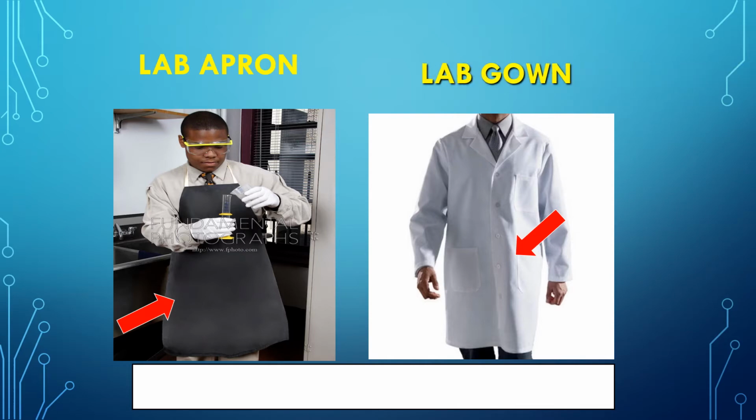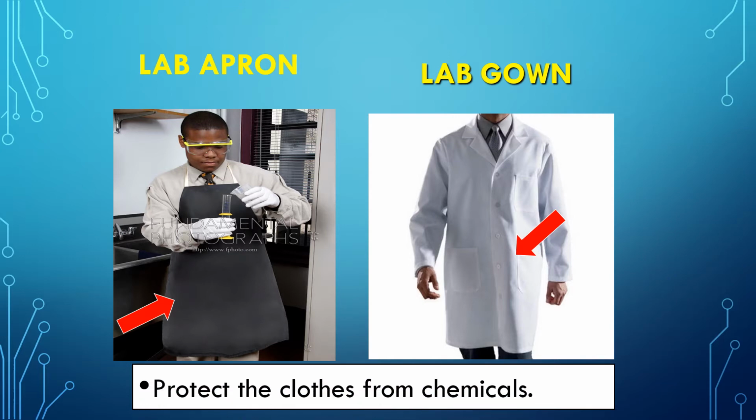For formal use, we are going to use the laboratory gown, but if you don't have this one, then you can use the laboratory apron. What is the function of laboratory apron or laboratory gown? It is to protect the clothes from chemicals. So when you're wearing your uniform in the laboratory, it will protect your clothes from dirt.